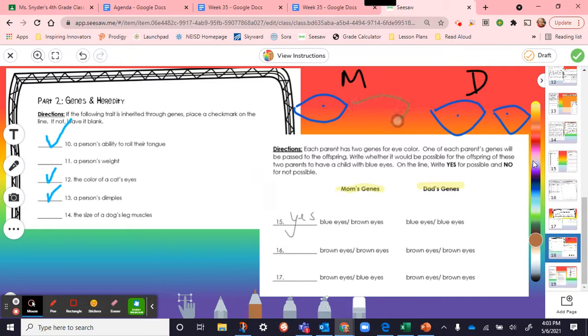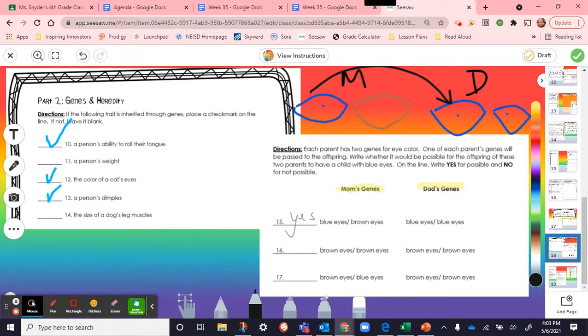And so when we talked about this, we said that brown is the dominant trait. So you can do different combinations with this. You can start with mom's blue eye, and you could go to one of dad's blue eye. So that would be one combination.